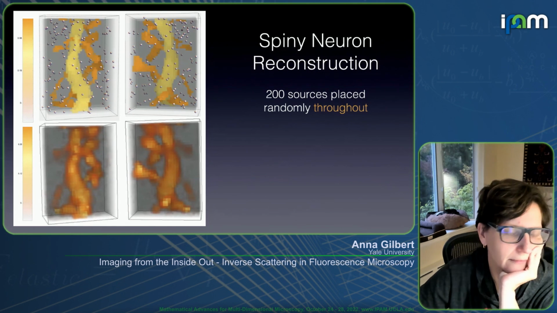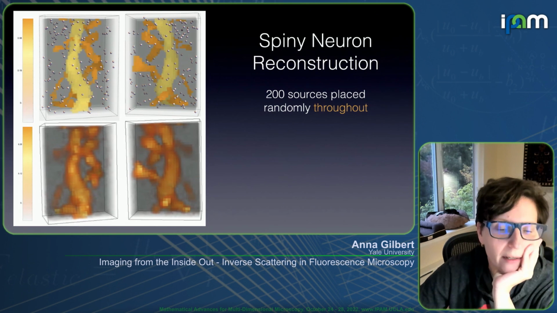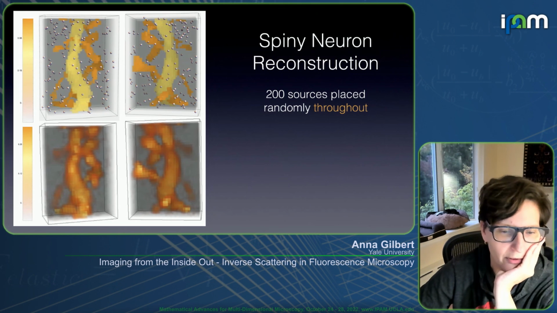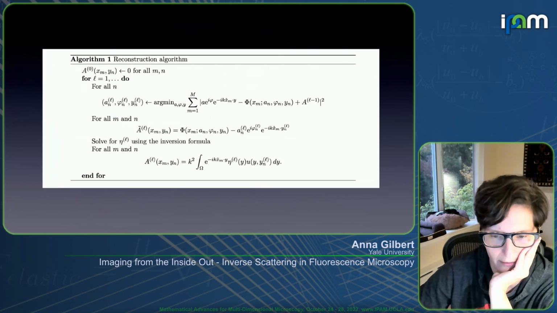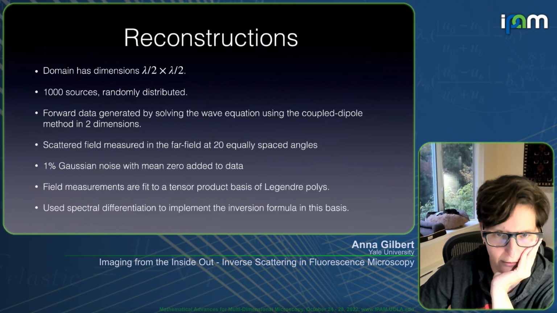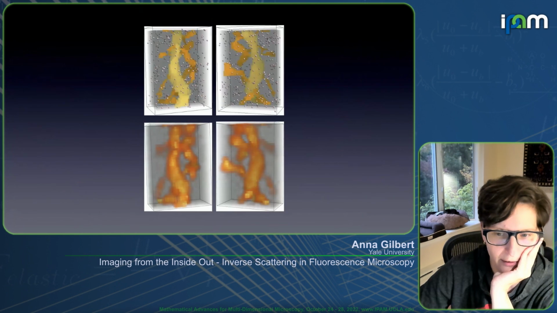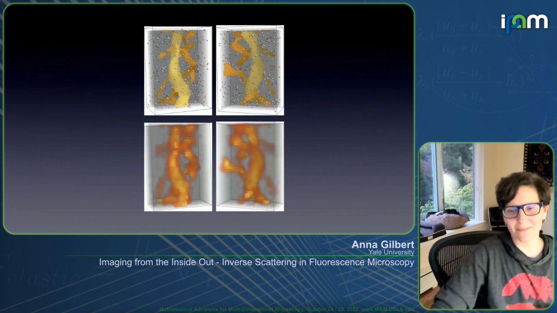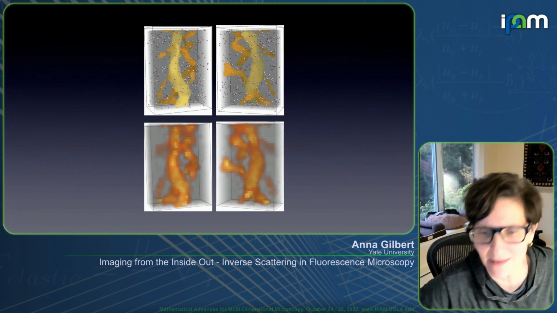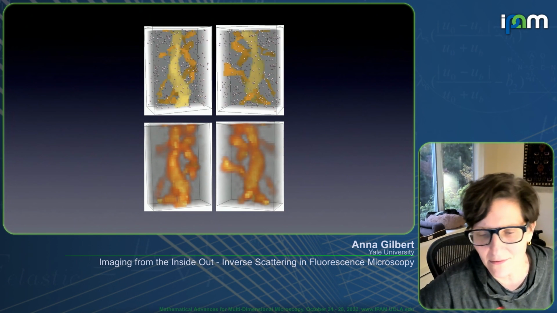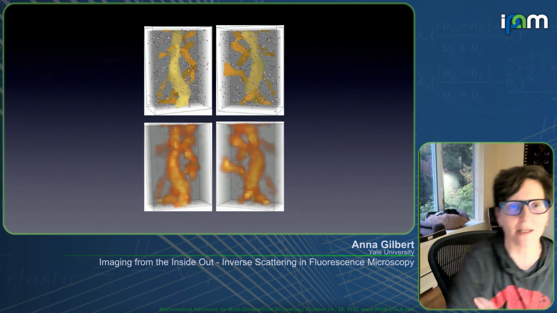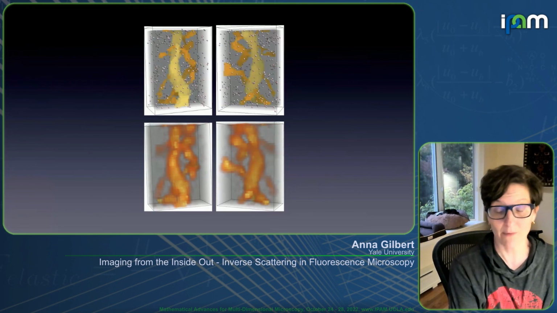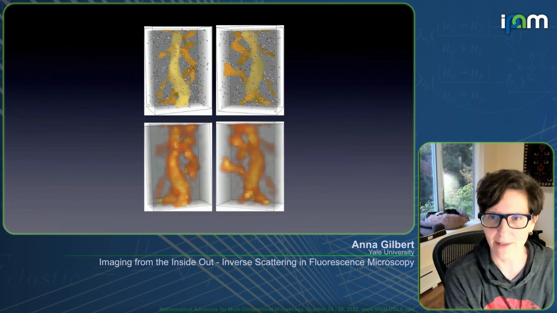This is not a great comparison because we had 200 sources here versus 1,000, but I claim this is not bad. It certainly looks reasonably comparable to the 200 sources placed randomly where we knew exactly where they were.